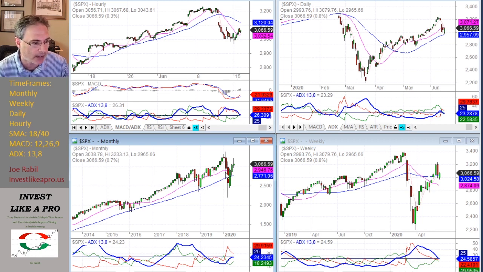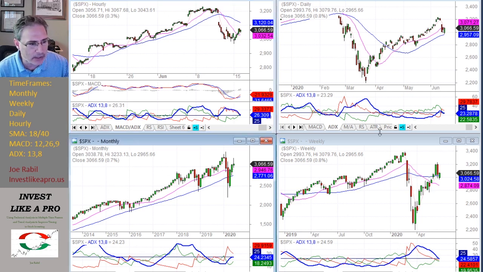So I've got an 18 and a 40 in each time frame. I've got an 18 MA and a 40 on the monthly chart, an 18 week and a 40 week on the weekly chart, an 18 day and a 40 day on the daily chart, and an 18 hour and a 40 hour on the hourly chart.